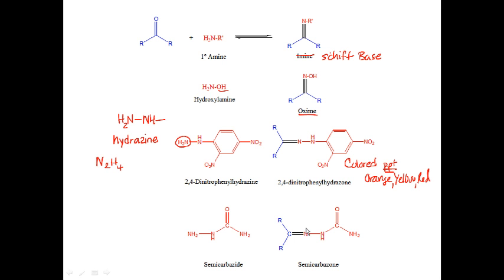It didn't have a lot of color to it. The reason that the 2,4-dinitrophenylhydrazone forms a highly colored precipitate is because you have all this conjugation in your molecule, which makes it absorb visible light and therefore transmit another wavelength of visible light, which gave it a lot of color.